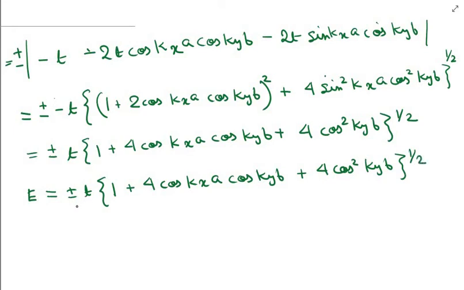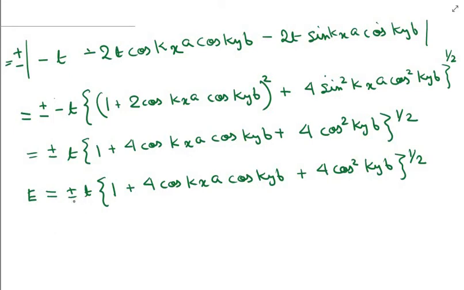We note that there are 2 bands, one for the positive sign and one for the negative sign, and these bands run in opposite directions. One of them is the conduction band and the other is the valence band.